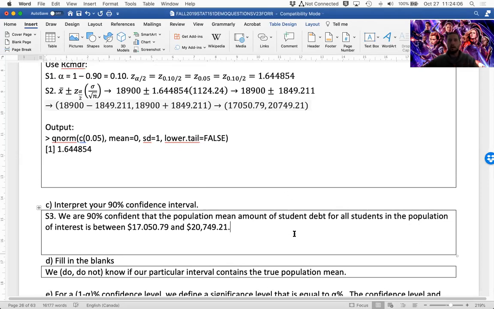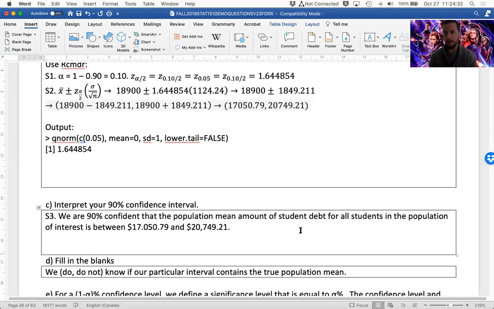Our interpretation of the confidence interval is essentially composed of 3 parts. We have the percent confidence level that we are working with. We indicate that we are talking about the average of whatever variable we're measuring, so the average student debt. We indicate the population that we are talking about, and then we state the bounds of the interval.